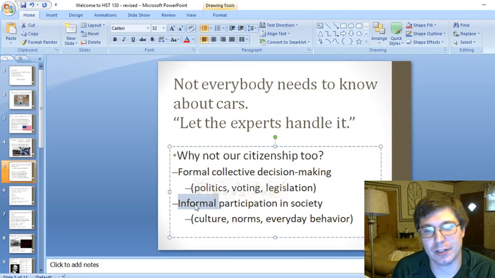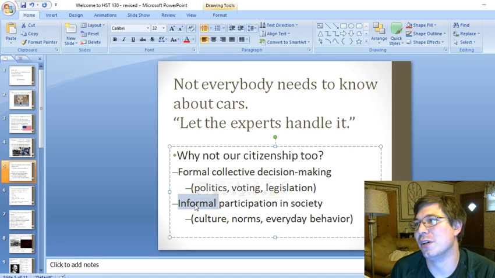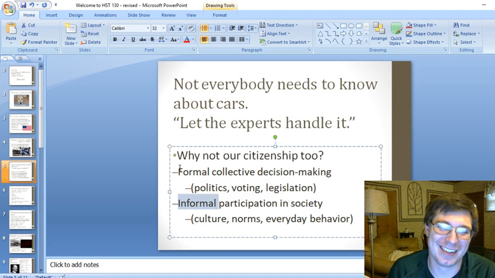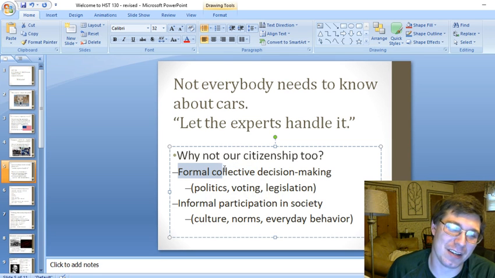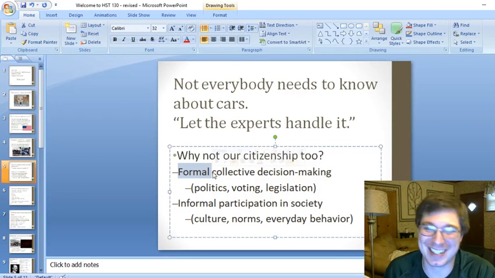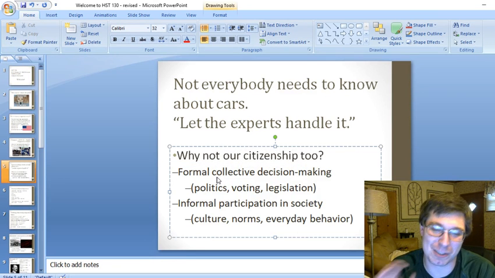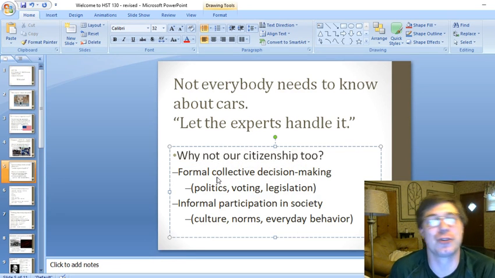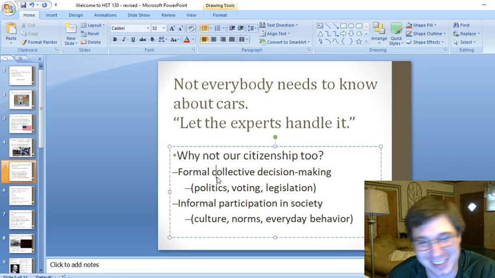So it's the difference between walking into a supermarket and there might or might not be a formal rule about wearing shirts and shoes. Some gas stations or supermarkets have a formal, explicit written rule that say no shirt, no shoes, no service.